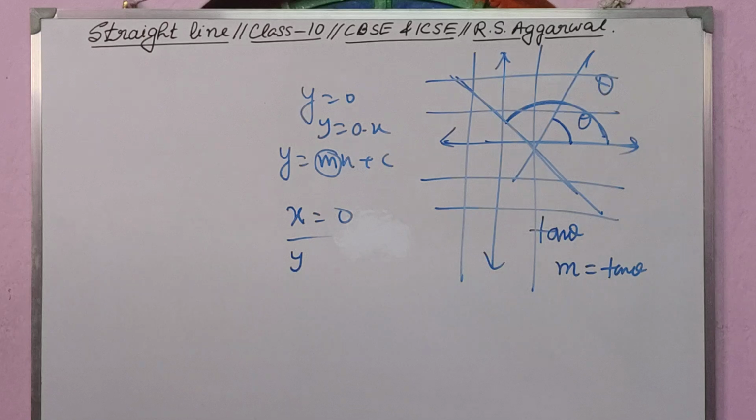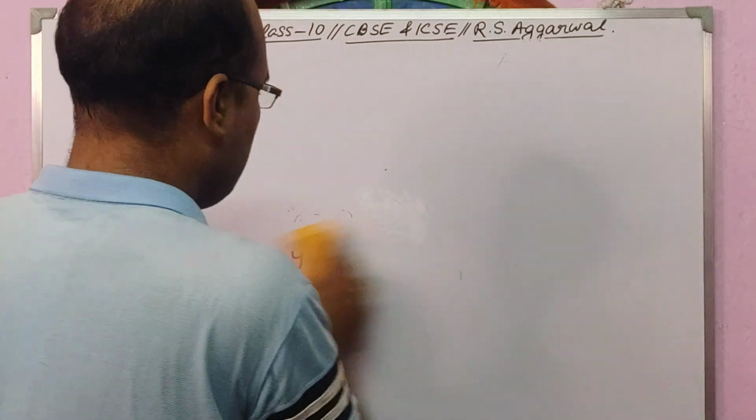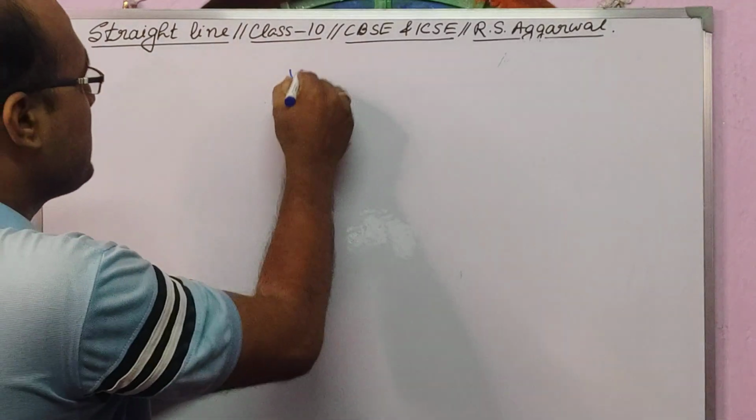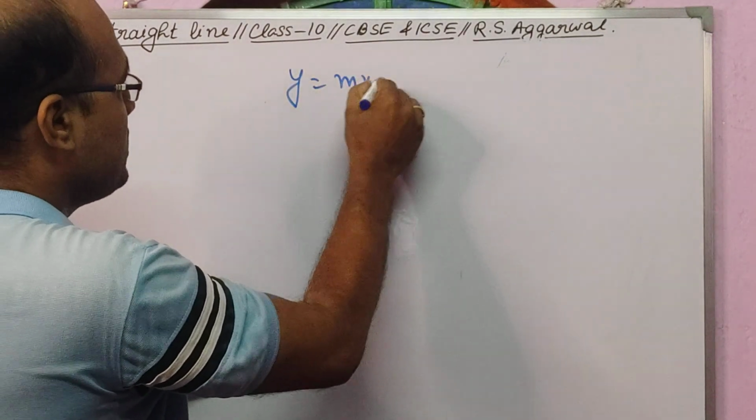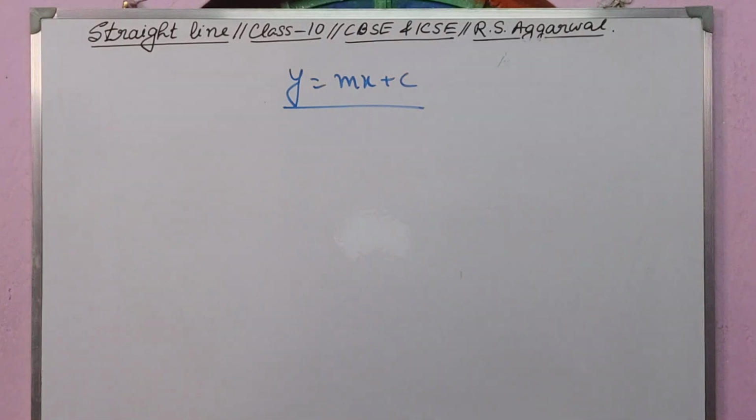Next, slope intercept form. What is the slope intercept form? If we express any straight line equation as y is equal to mx plus c, this is the slope intercept form, where m is the gradient or slope. What is the point slope form?